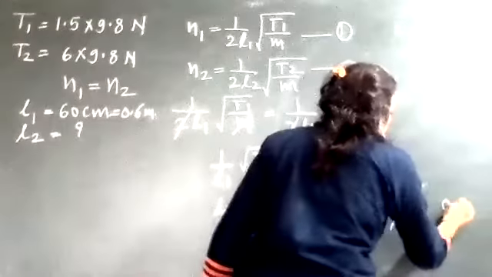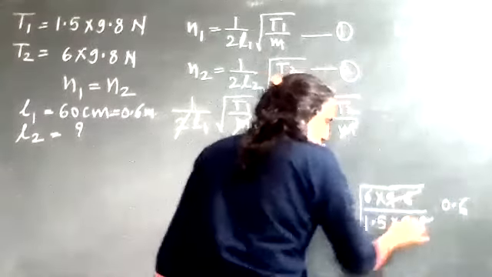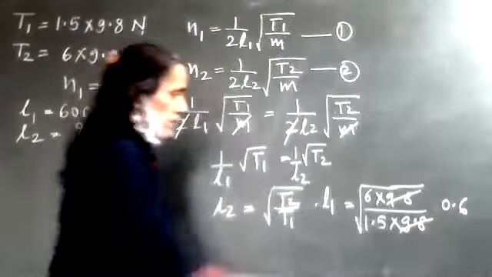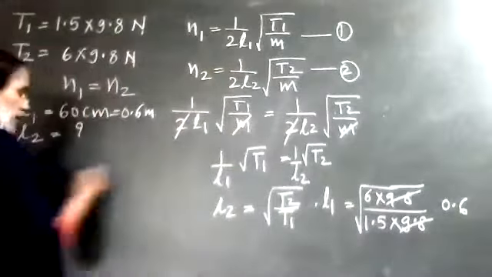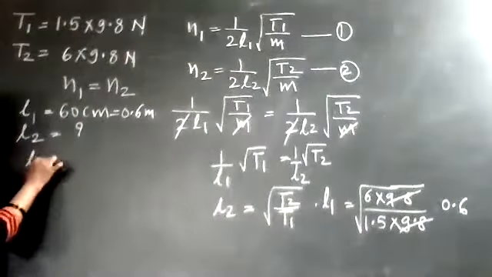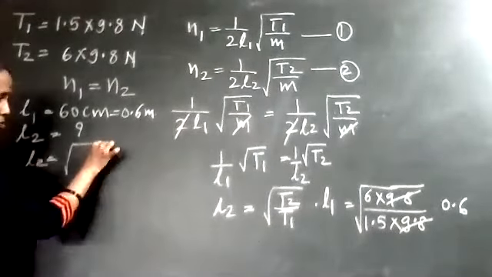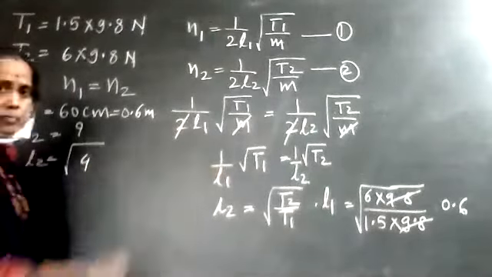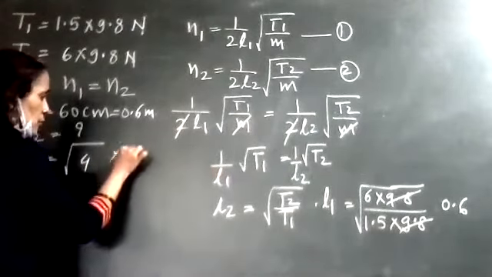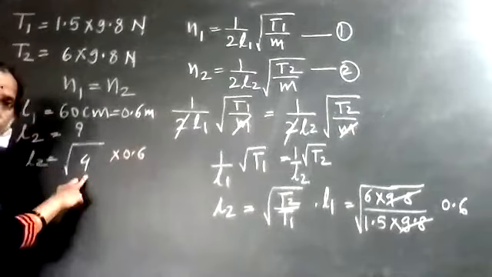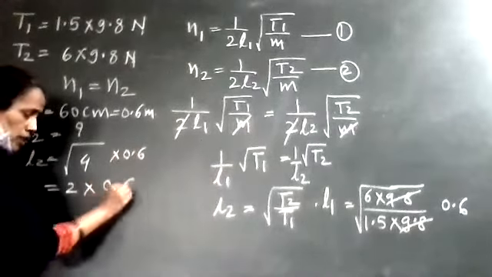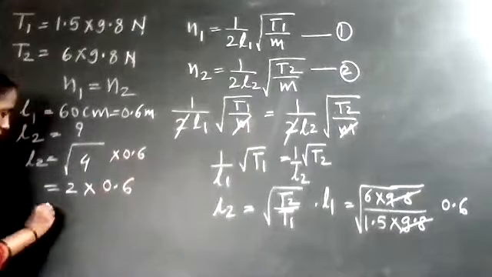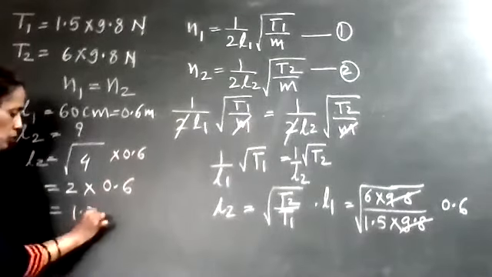The 9.8 and 9.8 get cancelled. What remains is under root of 6 upon 1.5. So L2 is equal to under root of 4 into 0.6. Root of 4 is nothing but 2, so 2 into 0.6 is equal to 1.2 meter.